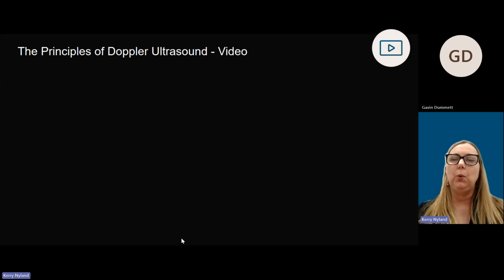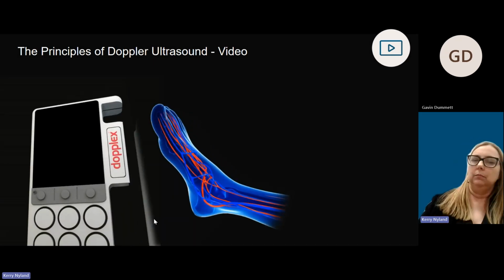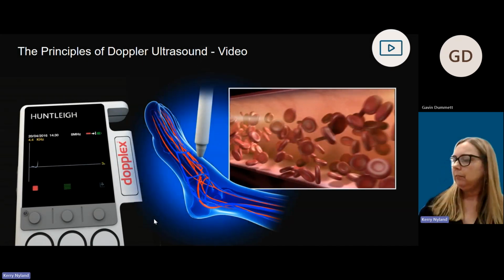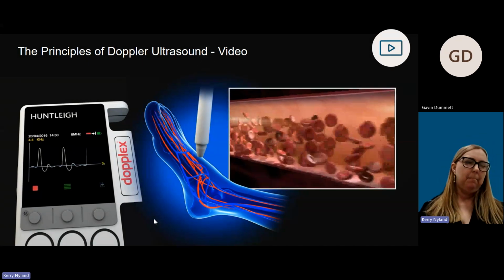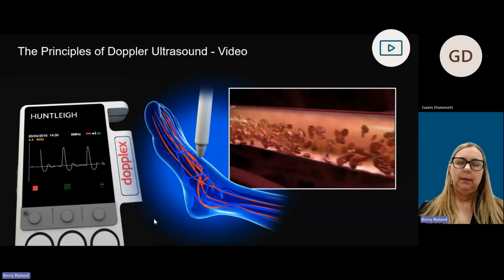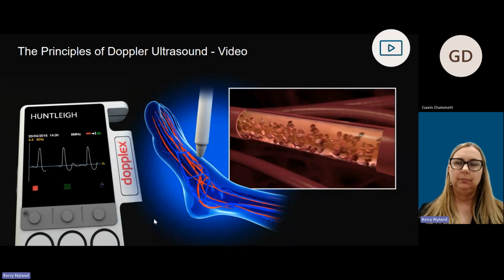This is just a short animation. It shows you what happens when you occlude the artery when you do an ABPI. Holding the probe at about 45 degrees to the vessel, the Doppler generates an audible sound and the waveform on the screen shows a direction of flow. In a healthy person, the arteries in the ankle have blood flow in the forward and reverse direction.